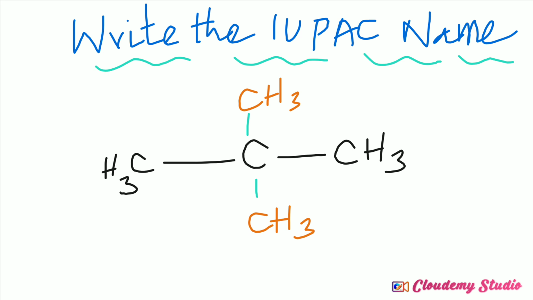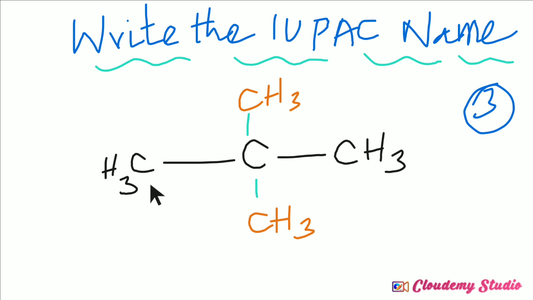So in any way we go, the chain contains a maximum of 3 carbon atoms only. So in any order we go, the maximum number of carbon atoms is 3, so we can select any order as the main chain.